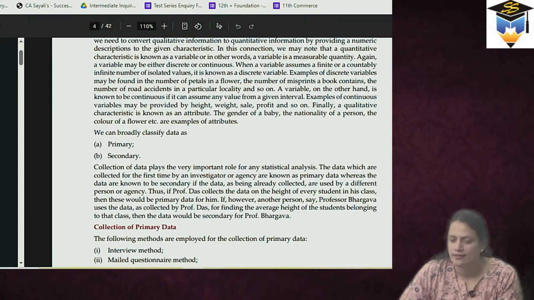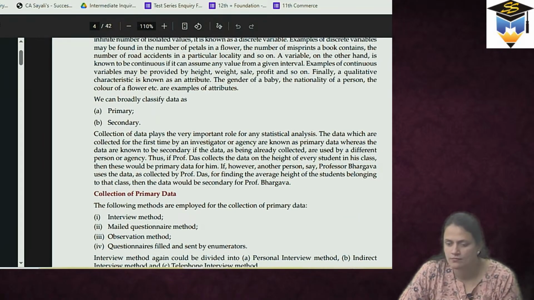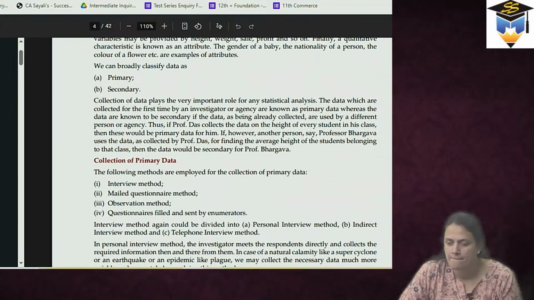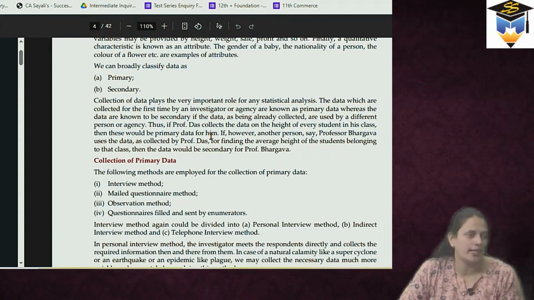Okay. Now, what is primary data? Let us see. So here they have given an example. Professor Das collects the data on the height of every student in his class. Okay. Then these would be the primary data for him.